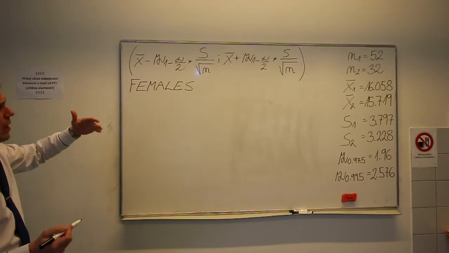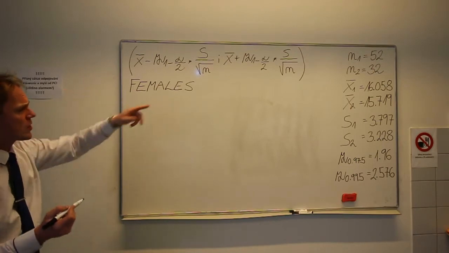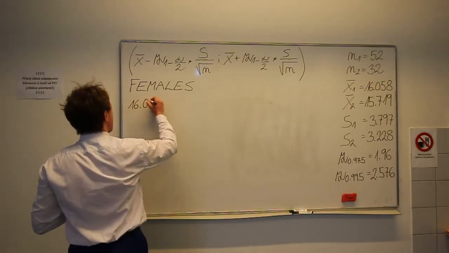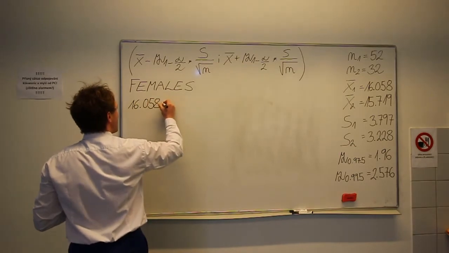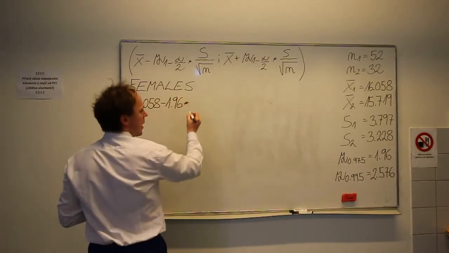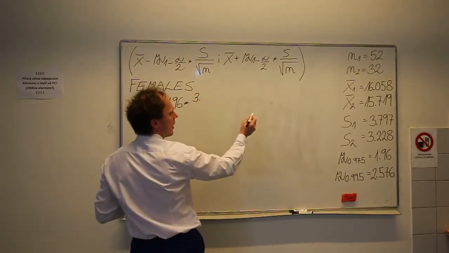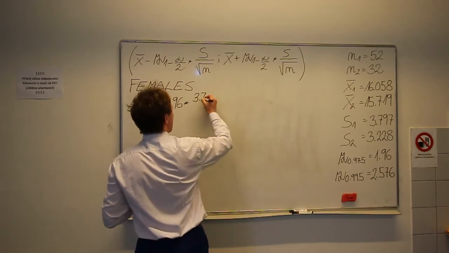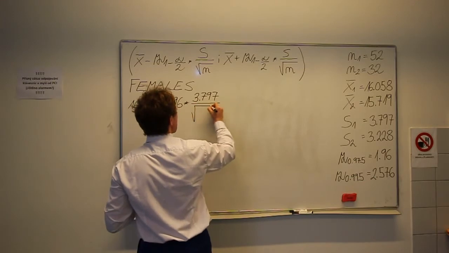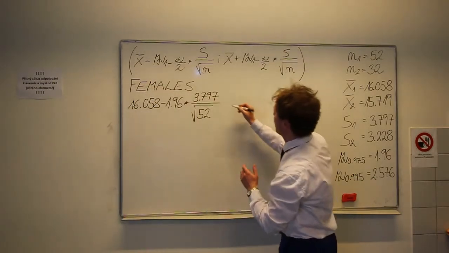95 and 99% confidence level. I will start: 16.058 minus 1.96 times deviation 3.797 divided by square root of 52. This is the left side.